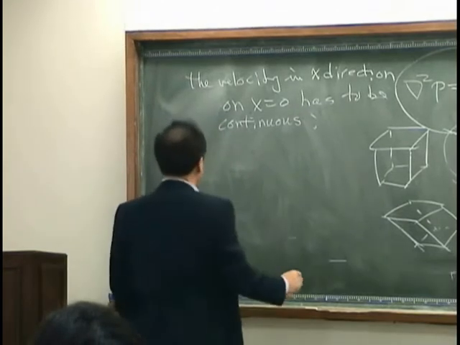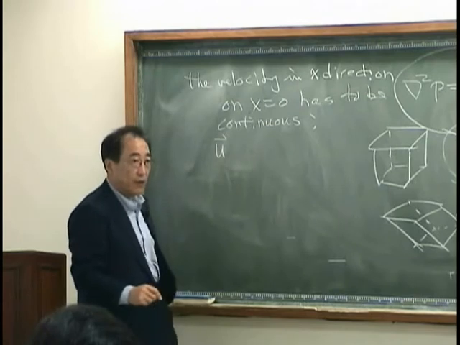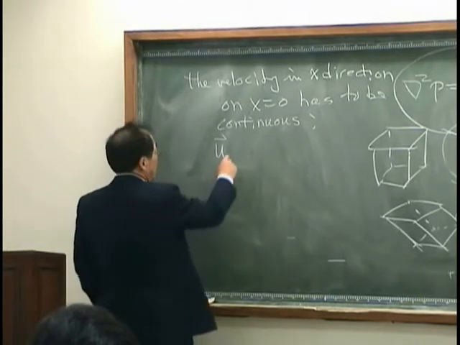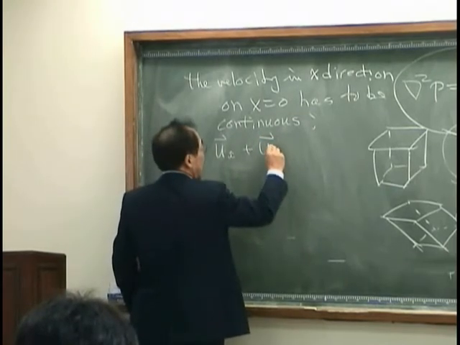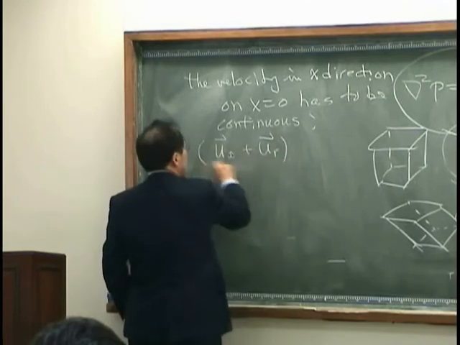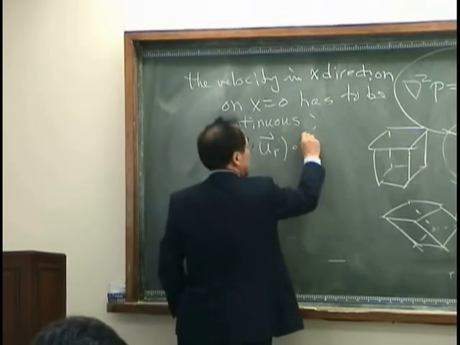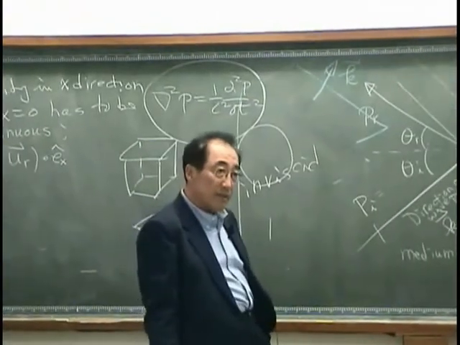Okay, let me write the velocity vector, because we have an oblique incident wave, and the velocity vector of the reflected wave. In the x direction, I write e_x. e_x is the unit vector in the x direction.